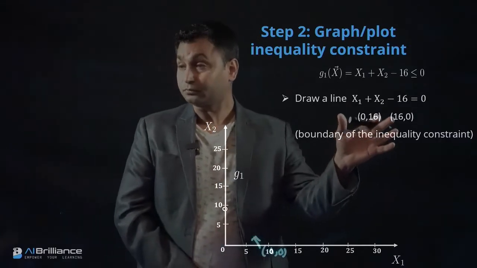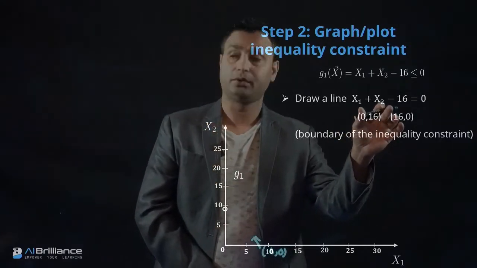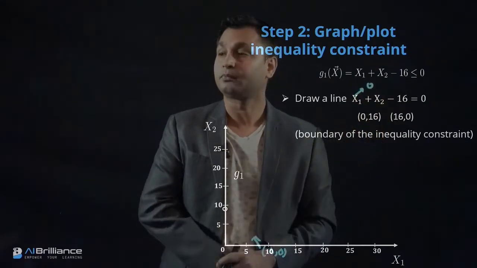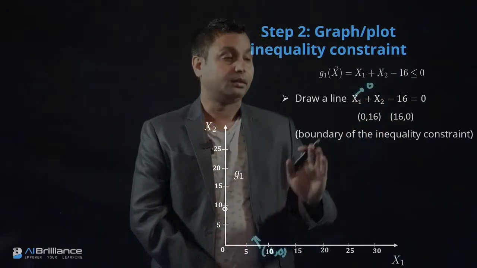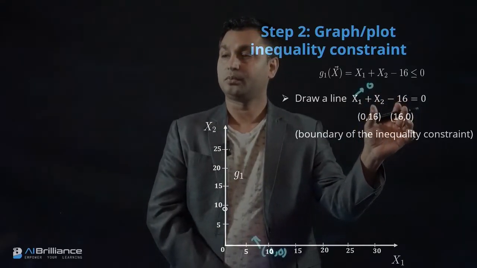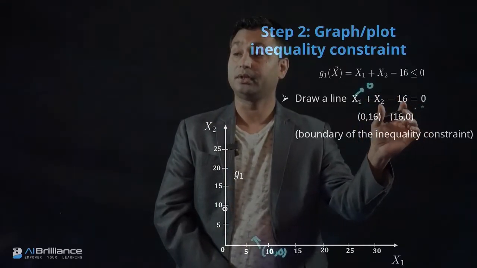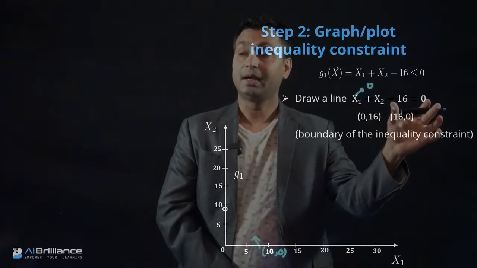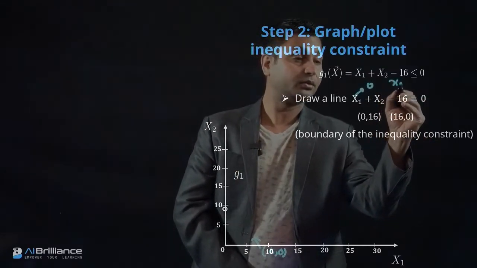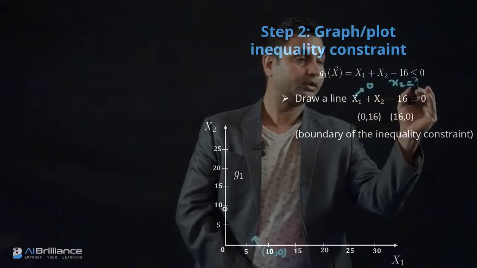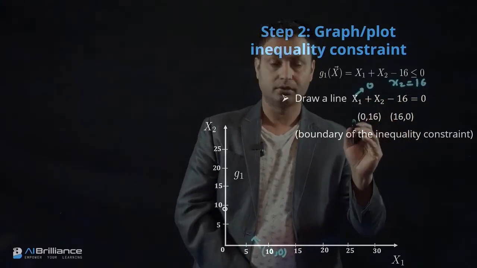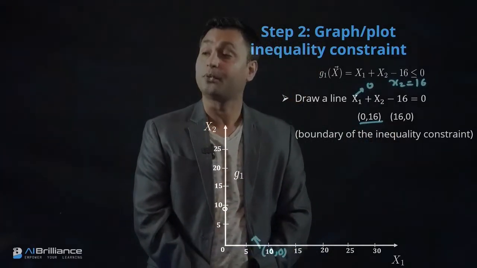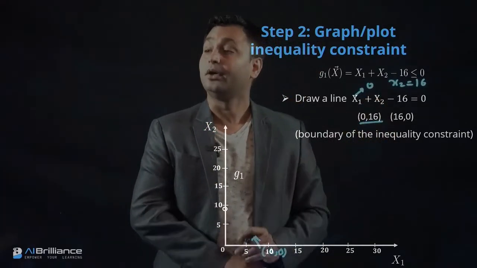If I set x1 equal to 0, then I will have the equation x2 minus 16 equal to 0, so x2 will be equal to 16. From there I can see that the solution where x1 equals 0 and x2 equals 16 gives the coordinate (0, 16), and this will be a point that lies on this line.